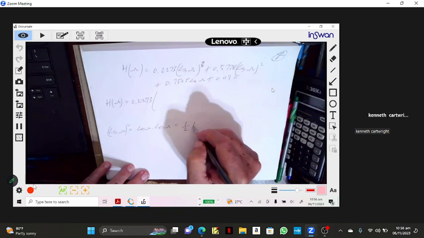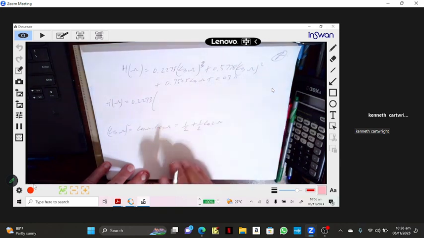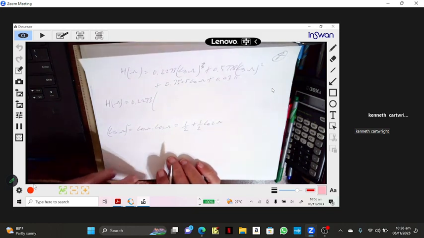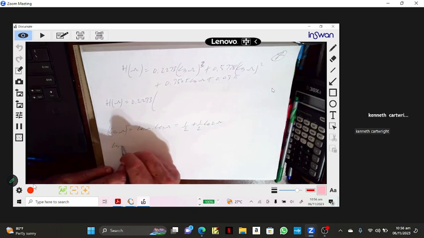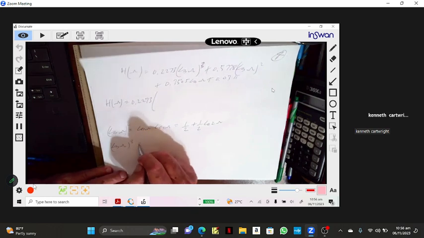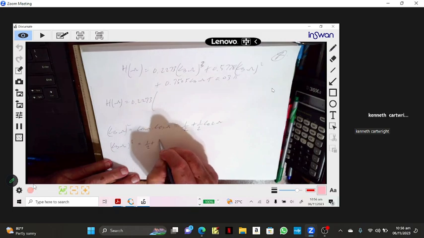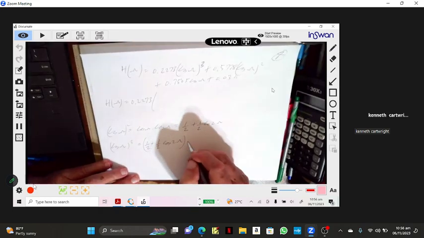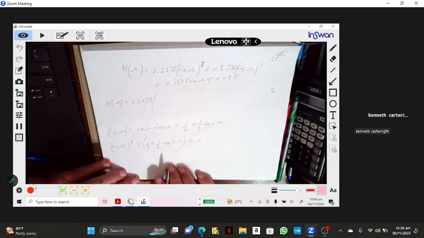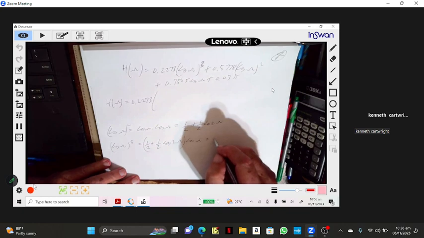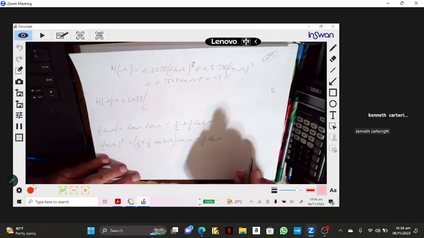It's a half plus a half cosine 2 omega. That's an identity you must know. So cosine omega cubed is going to be a half plus a half cosine 2 omega times cosine omega. So that's a half cosine omega plus a half cosine 2 omega times cosine omega.